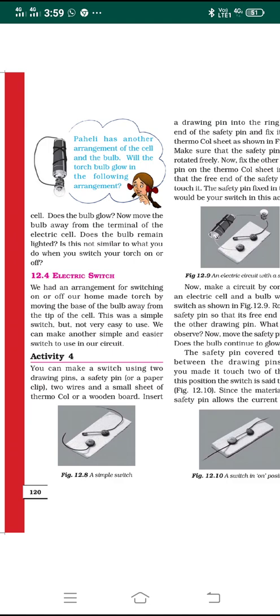The bulb does not remain glowing, because there is no contact between the terminal of the electric cell and the bulb. This is the same thing that happens when we switch on and switch off the button in a torch. The same operation is made in this case.